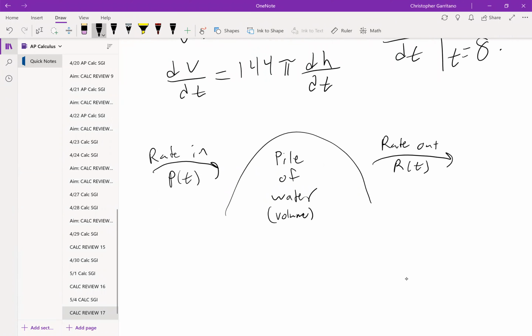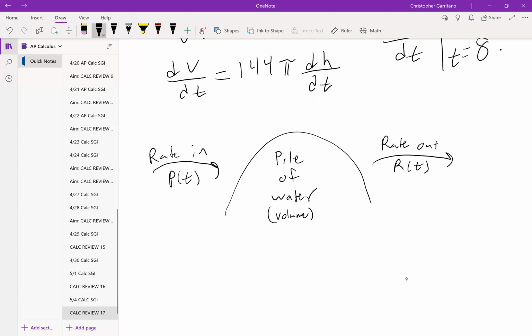And so the rate that this pile of water is changing depends on both the rate in and the rate out. So if the rate out were to be ignored for a moment, then the pile of water is changing at exactly whatever the rate in is. If the rate in were to be ignored, then the pile of water would be changing at exactly what the rate out is.